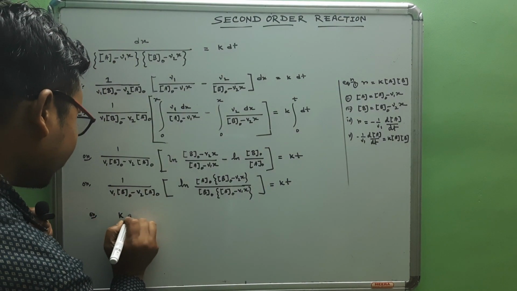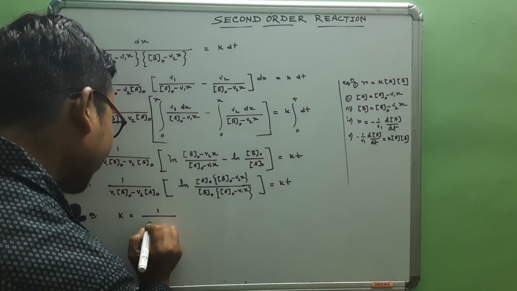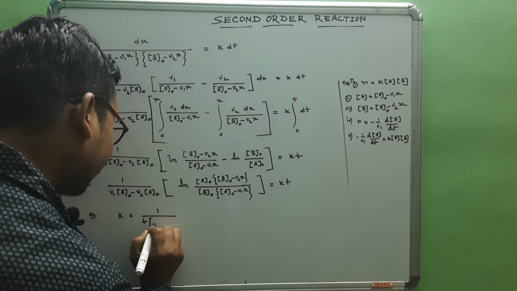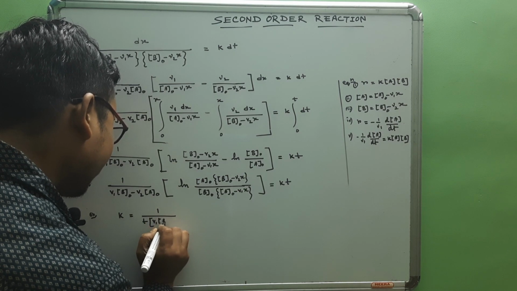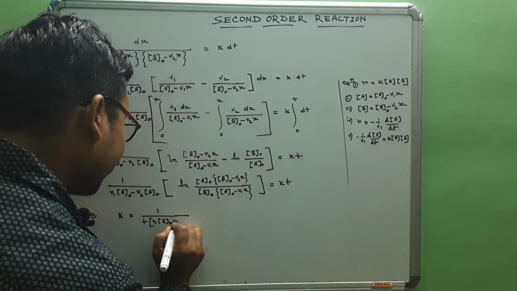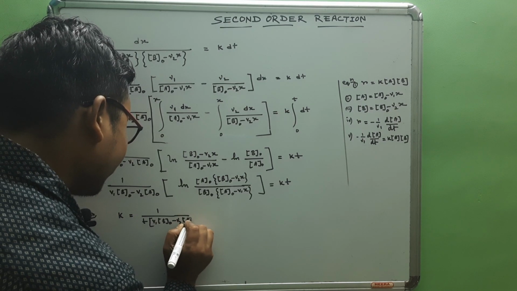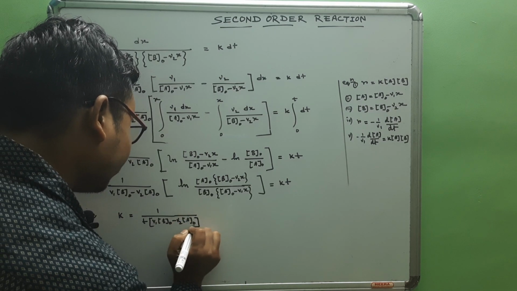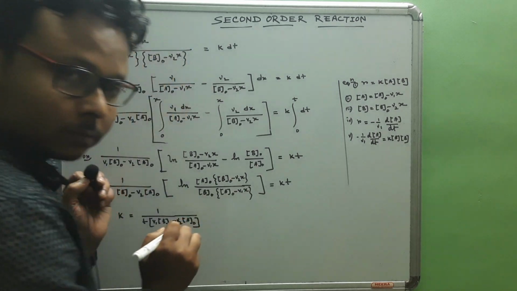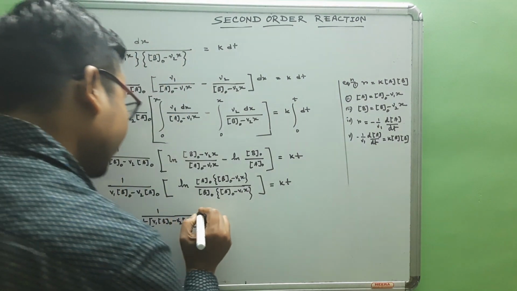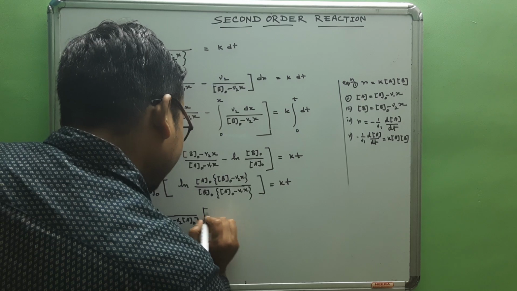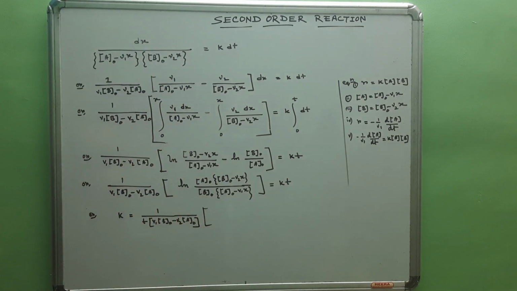So k equals 1 by t into nu 1 b0 minus nu 2 a0 into, if you multiply 2.303, so it gives, what does it give?